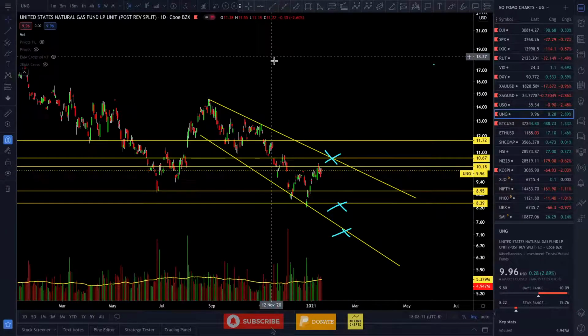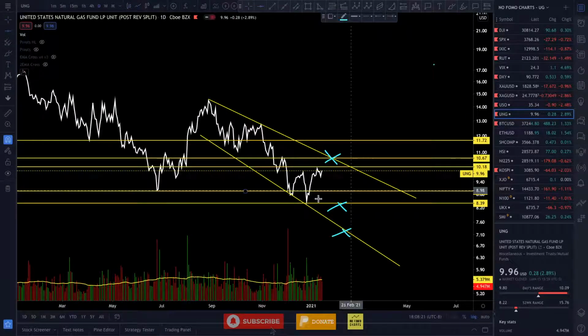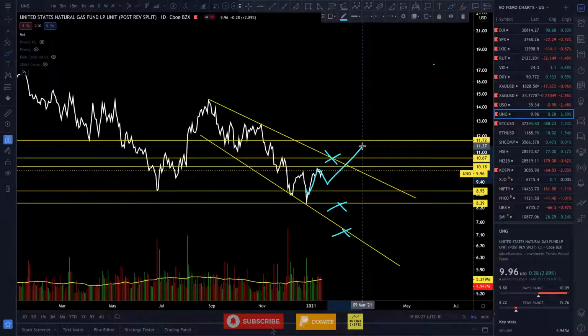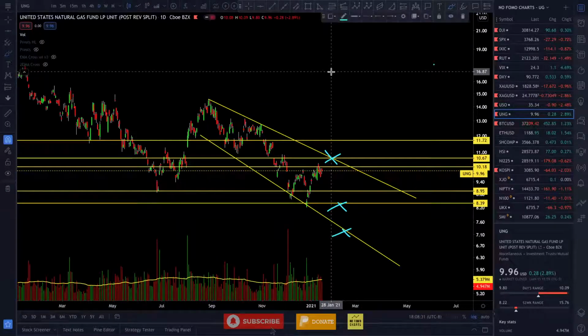So watch out for that on natural gas. It's trying to uptrend, right? If it needs to reverse, it needs to make a higher high, higher low, and then not go down any lower than the blue circles. And it needs to go up like that for a true trend change reversal.